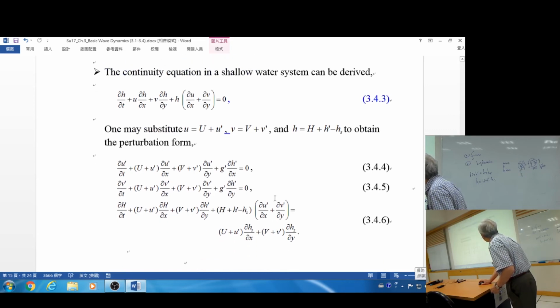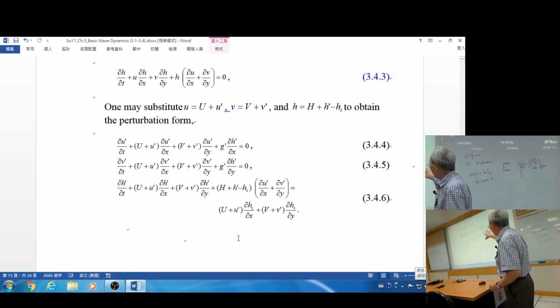And then we're going to get these three-dimensional shallow water wave equations. It's linear, because we have ignored the nonlinear terms. I believe some of you probably understand this one.